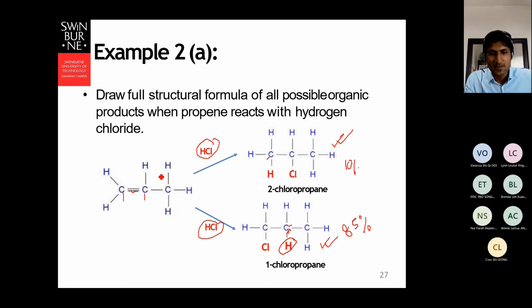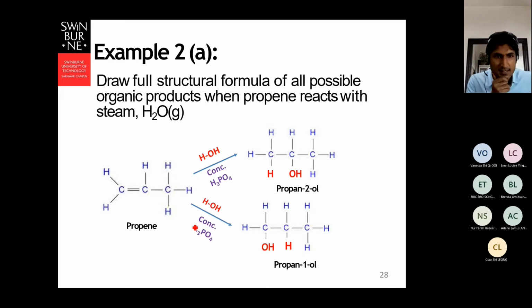And there is an anti-Markovnikov rule as well. When a strong oxidant is present, it will just reverse. We will not discuss much about it later probably. Okay, so another example is when water is added in the presence of phosphoric acid, and of course with heat as well.